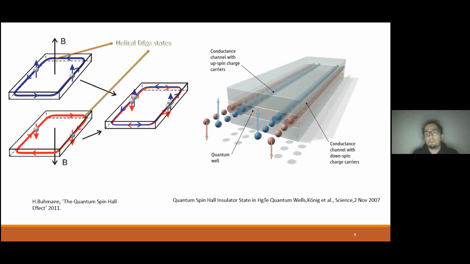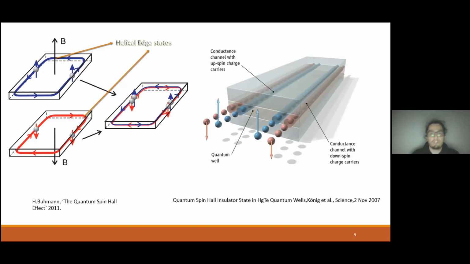In the quantum spin Hall state, when we put them together, the magnetic fields cancel each other, and we have two spin conductance channels moving along the material. So we can actually create a healthy conducting line inside a bulk insulator, where the edge states have perfect spin conductance channels.